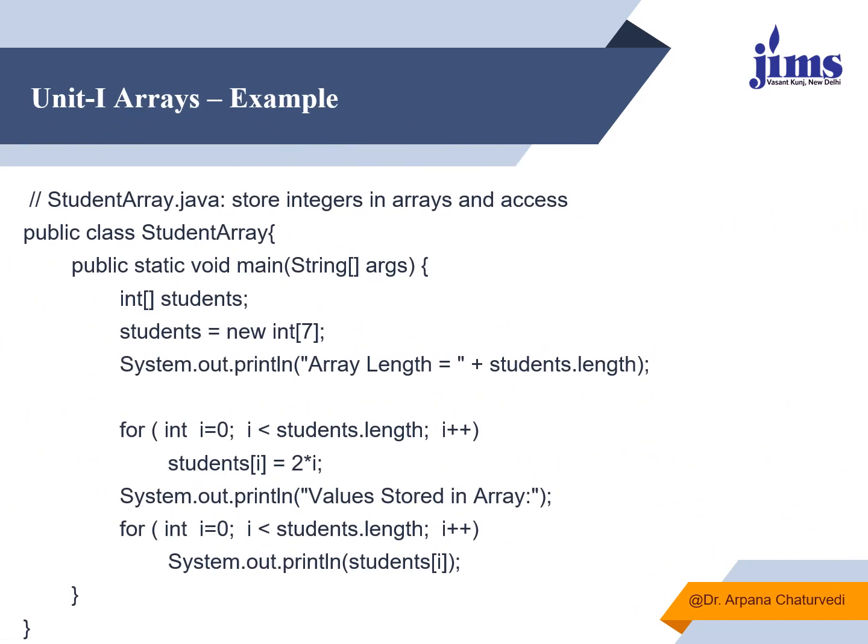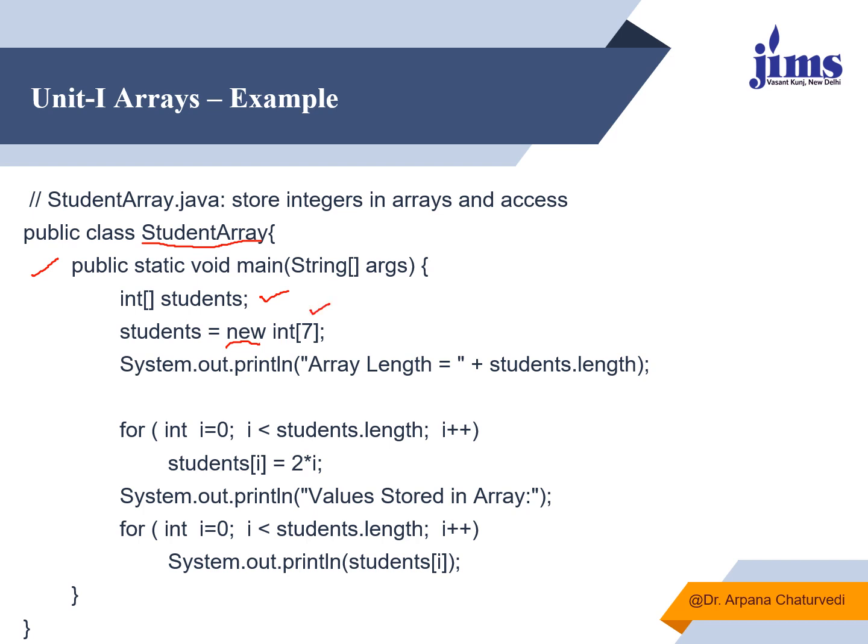Let's see the example. In this example of an array, the name of the class is StudentArray. Here I am making a main function, public static void main String args. I have declared an array but not allocated the memory. The name of the array is student. Now I am allocating memory using the new operator to the students array, and the size is 7.